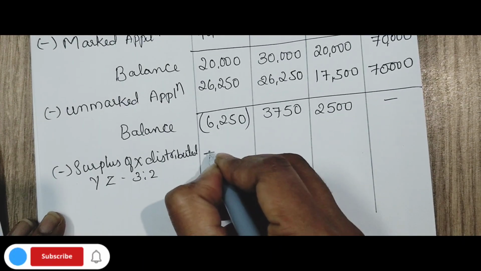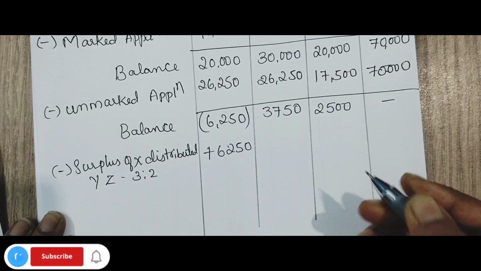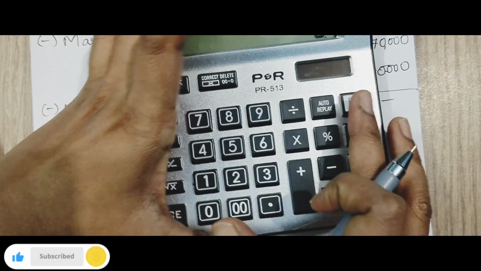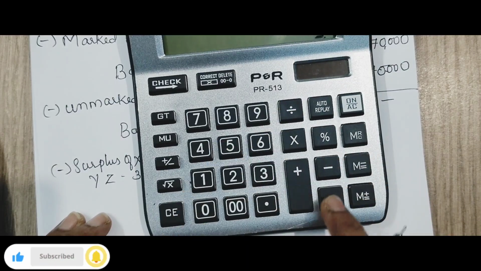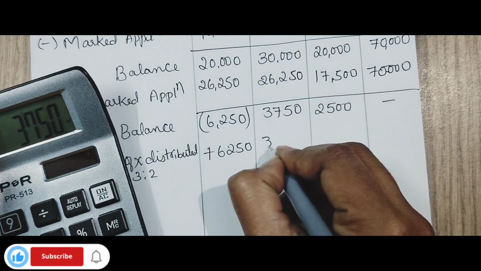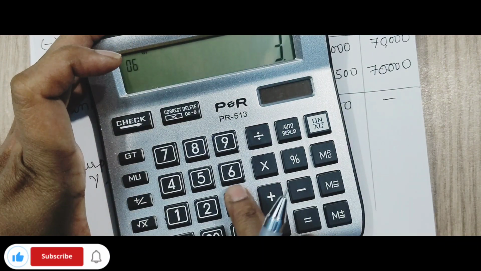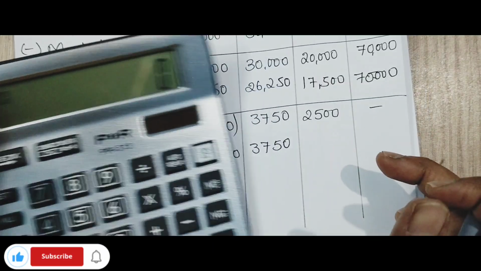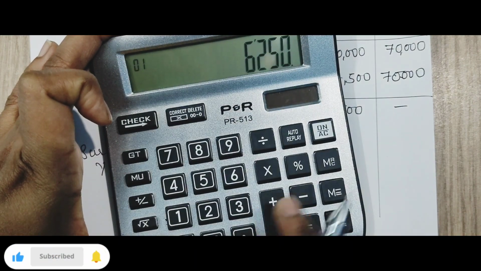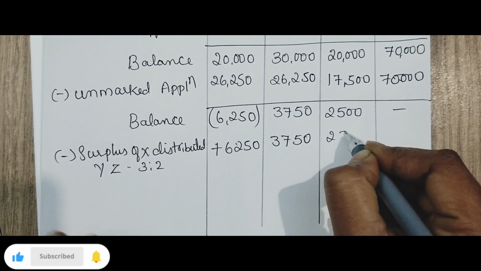Now to cancel this one, you are writing plus 6,250. Now what is the amount? 6,250 into 3 divided by 5 is 3,750. Minus 6,250, if you do directly, you will get 6,250 minus 3,750, 2,500.